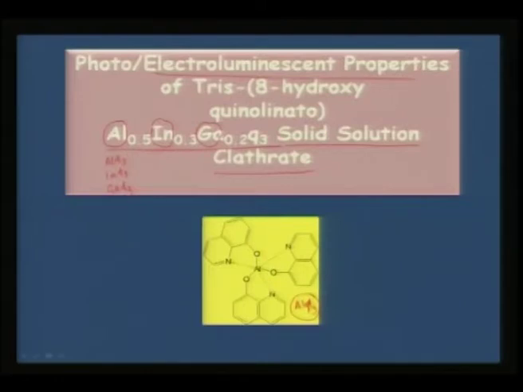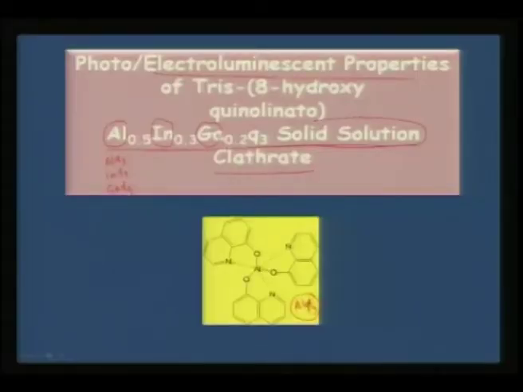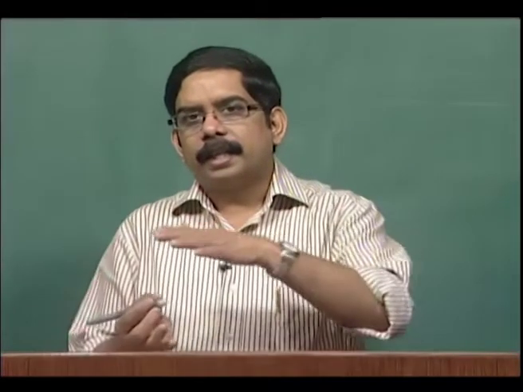Then you can distribute atomically all these 3 atoms, and in that case you can get all 3 atoms in one molecule, which we call a solid solution. And this is possible because there is one polymorph which is called a clathrate. Clathrate is a caged structure, or it is a larger molecule with pi stackings, and I will show you some of the features of it.